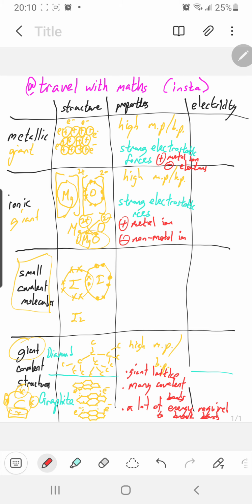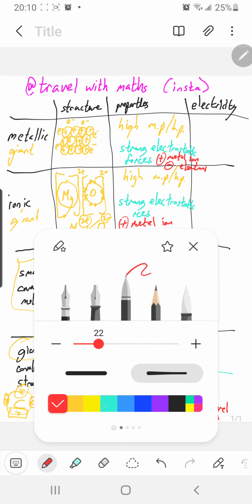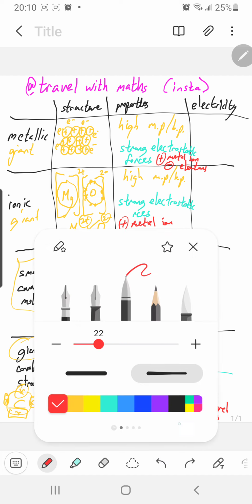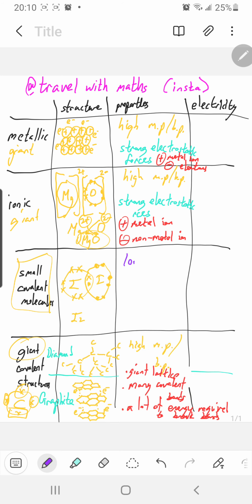And then small covalent structures are different because they have low melting point and boiling point. Please remember, it's not that you're breaking the covalent bonds, you're overcoming the weak van der Waals forces.